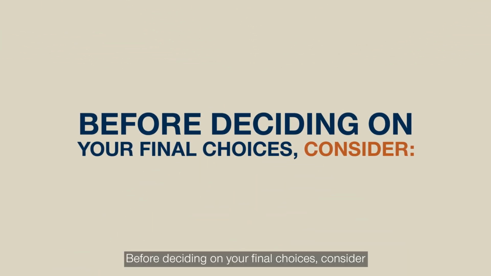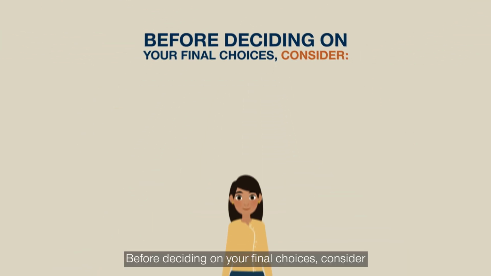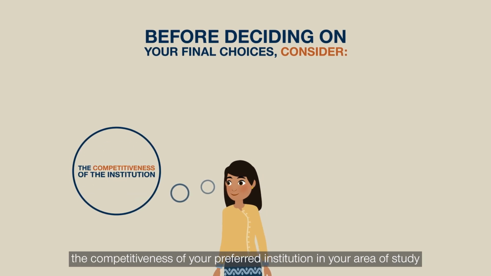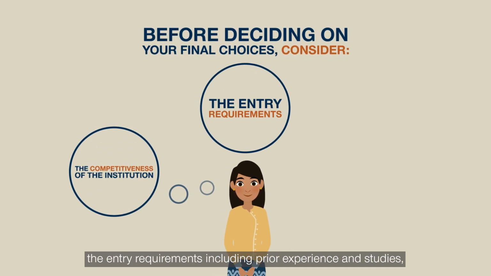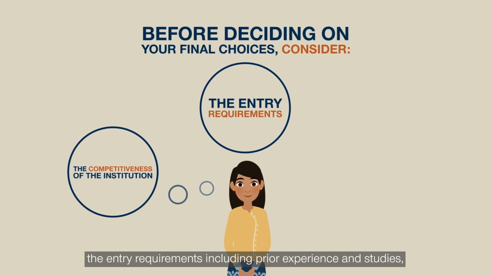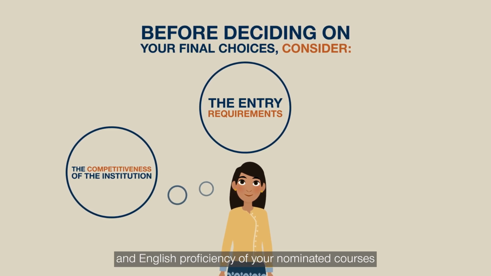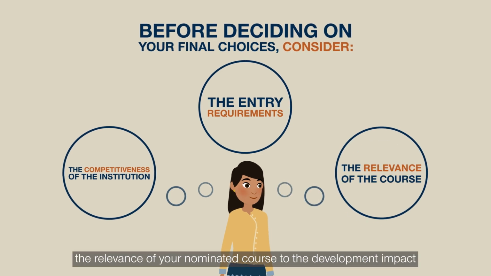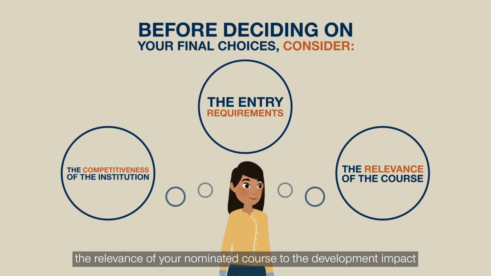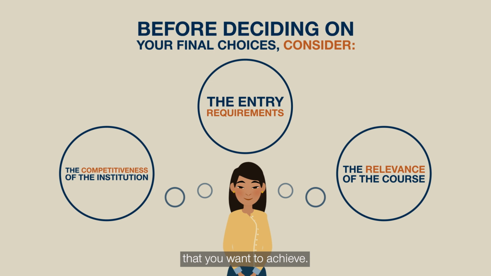Before deciding on your final choices, consider the competitiveness of your preferred institution in your area of study, the entry requirements, including prior experience and studies, and English proficiency of your nominated courses, and the relevance of your nominated course to the development impact that you want to achieve.